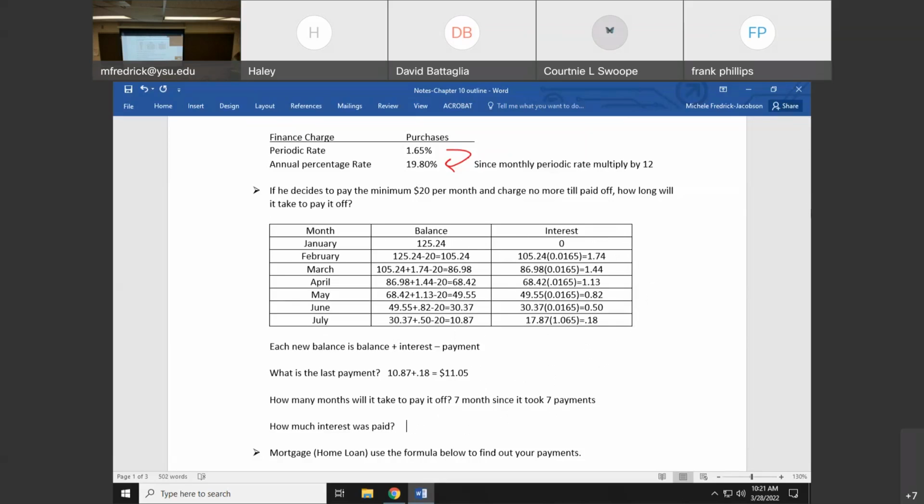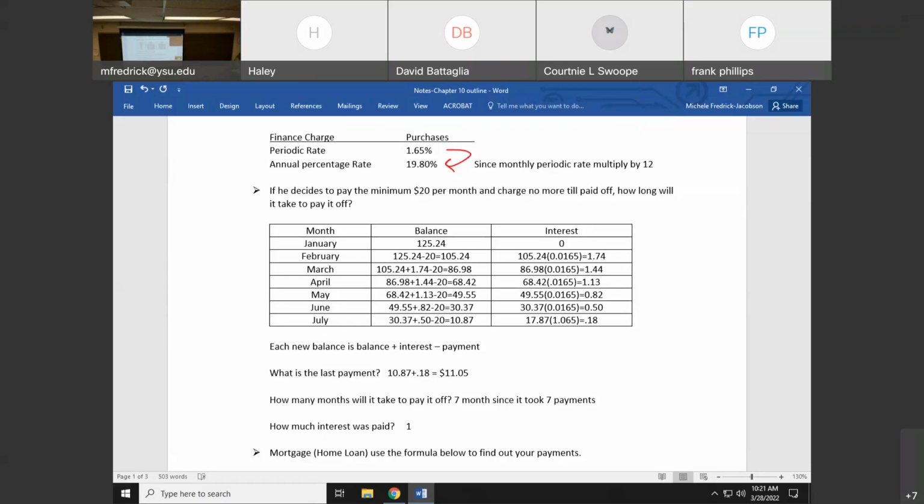Or he made 7 payments of $20. So that would be $140 minus what he owed. And that should give us the same thing. That didn't come out the same. Oh, that's right. The last payment wasn't 20.